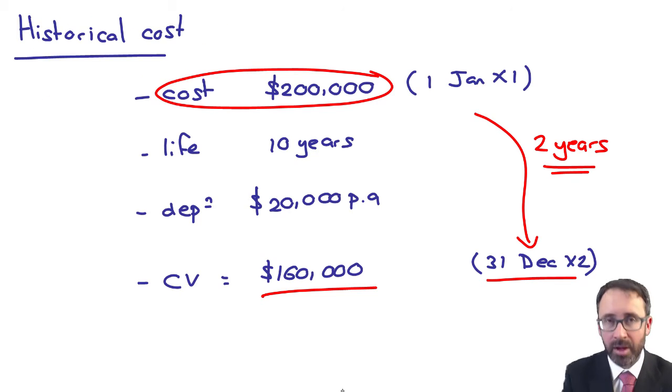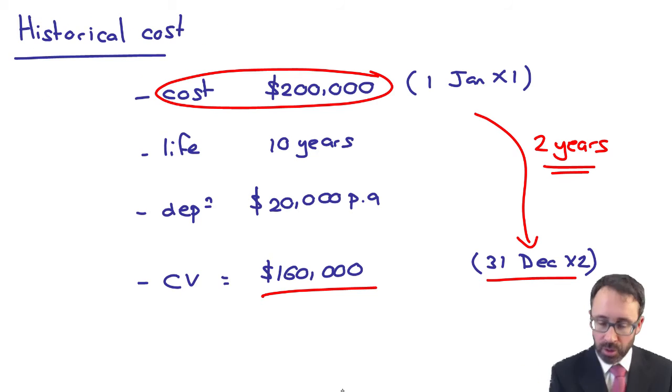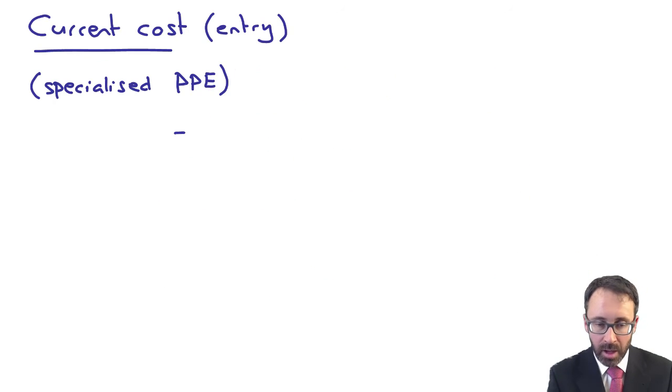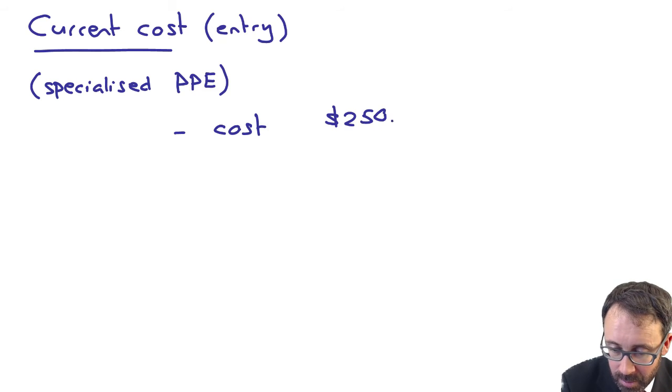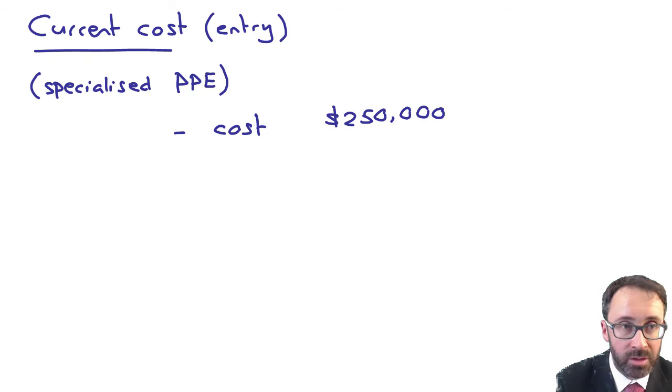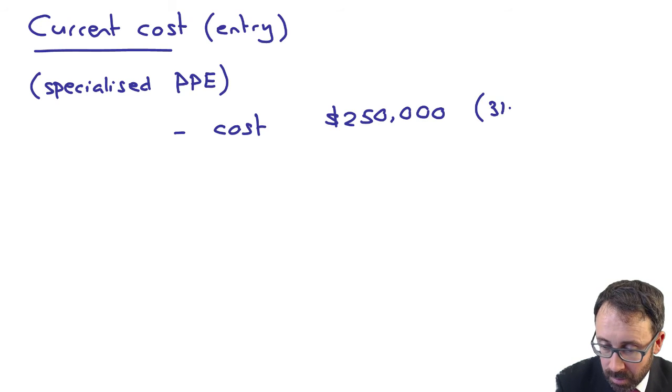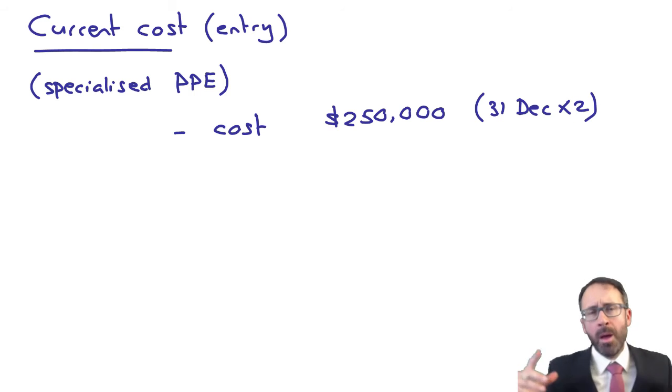Double check. There we go. January X1, it cost 200,000. Based upon current cost, let's just say now that the cost to buy that specialized asset would be 250,000 on the 31st of December X2.